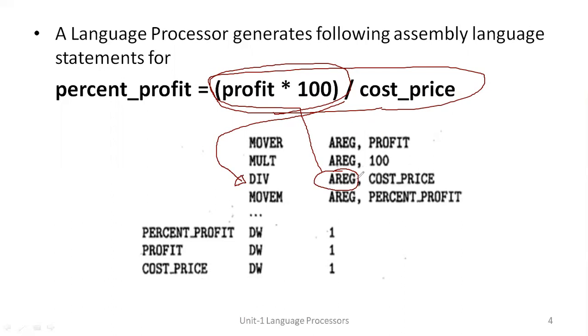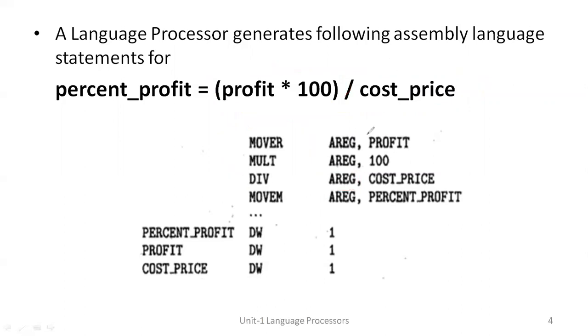At last, whatever is calculated is saved into A register. Now this A register is to be assigned to percent profit. What will happen? By using this particular mnemonic, MOVEM A register, percent profit, whatever is there in A register will be moved to the percent profit.